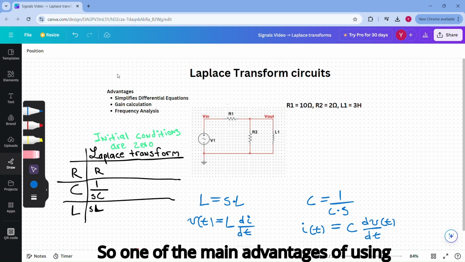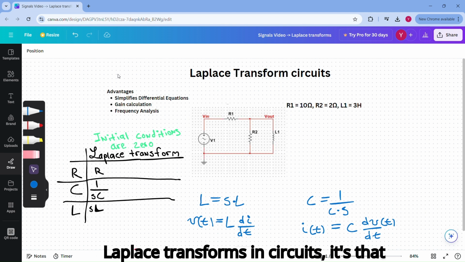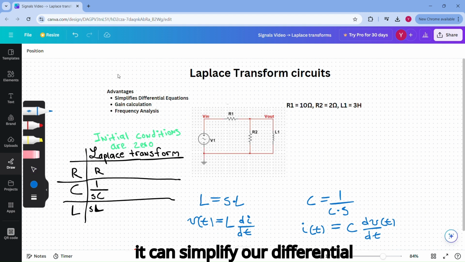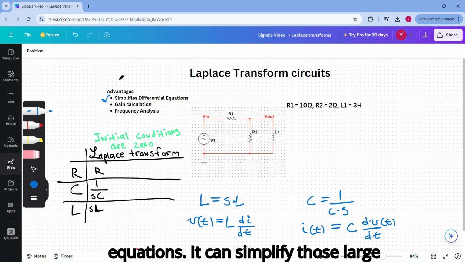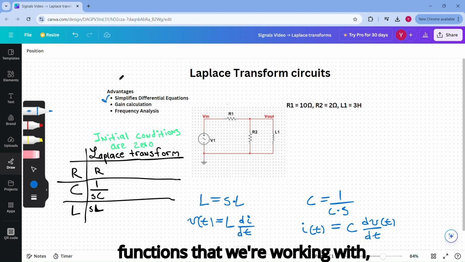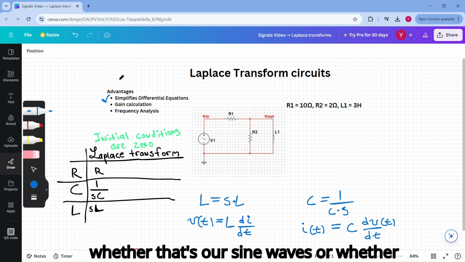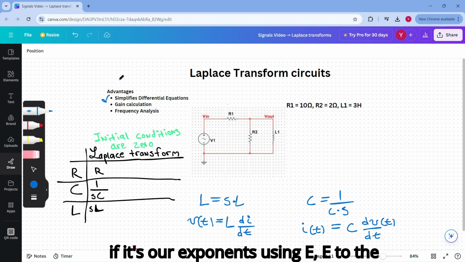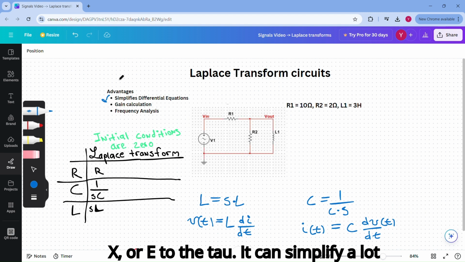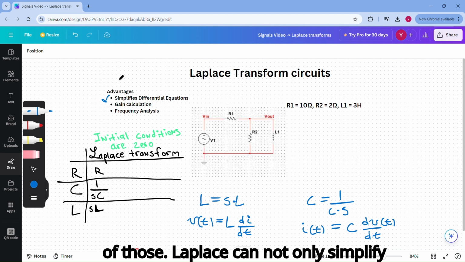So one of the main advantages of using Laplace transforms in circuits is that it can simplify our differential equations. It can simplify those large functions that we're working with, whether that's our sine waves or our exponents using e to the x, or e to the tau. It can simplify a lot of those.